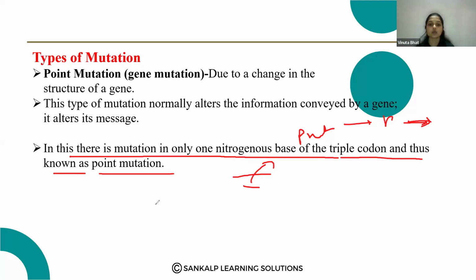So in the point mutation, only one base pair is changed in the triple codon.